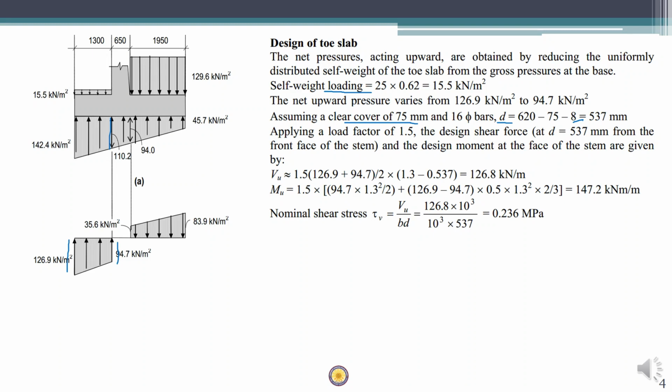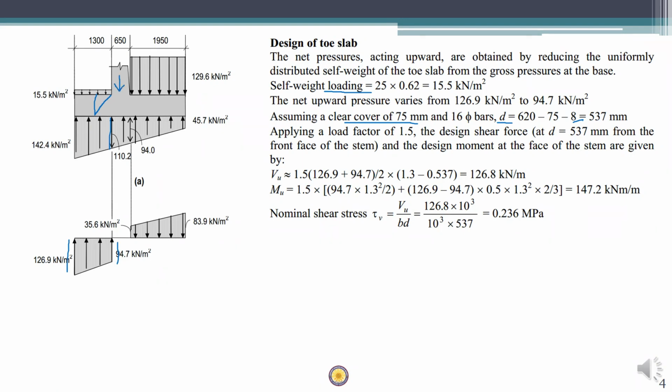One more important thing to be noted here is that the critical section for toe slab in shear is at a distance d away from the face of the support. This is because of the inclined crack which develops because of the transverse compression offered by the support from the stem.